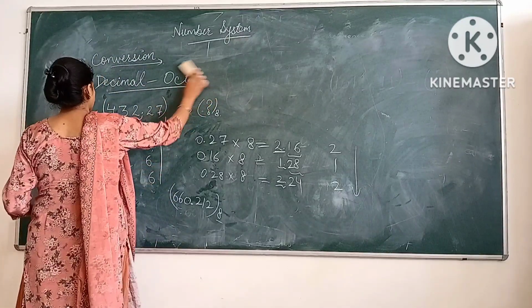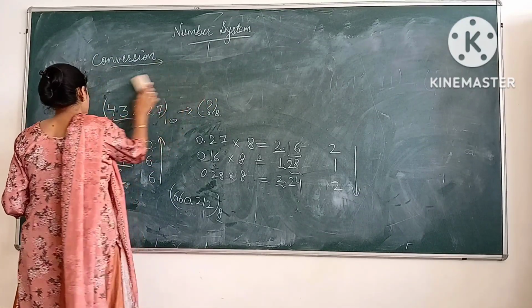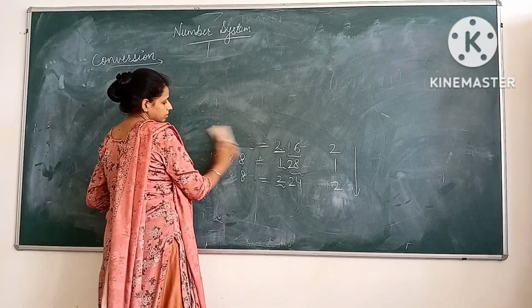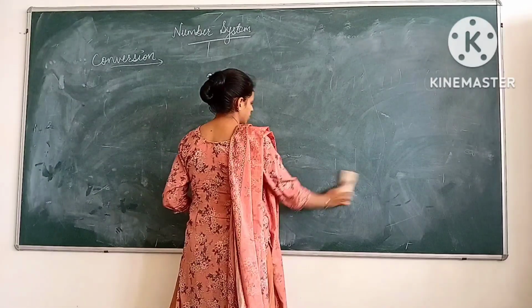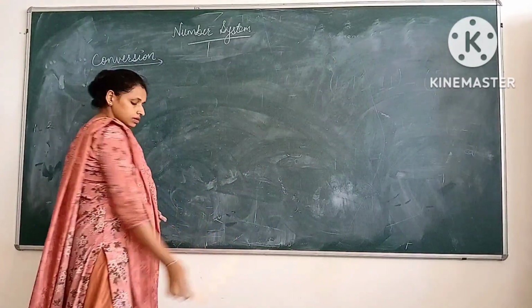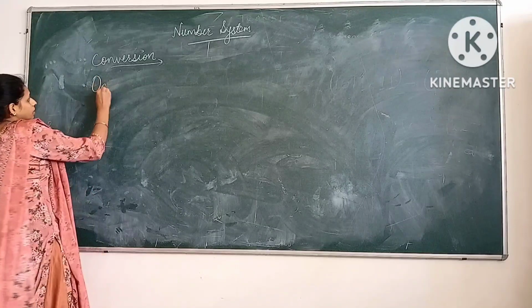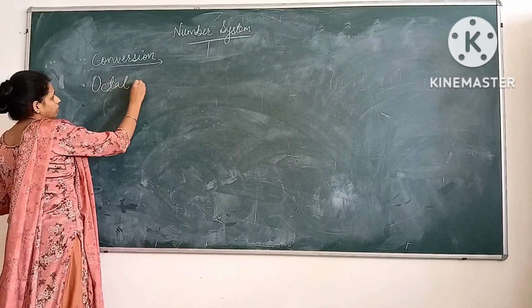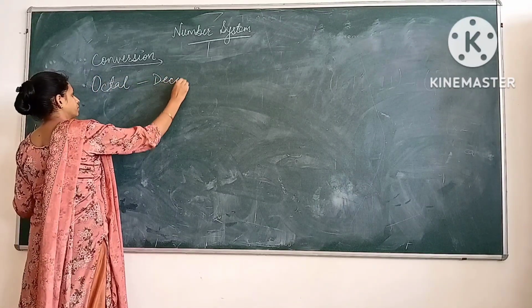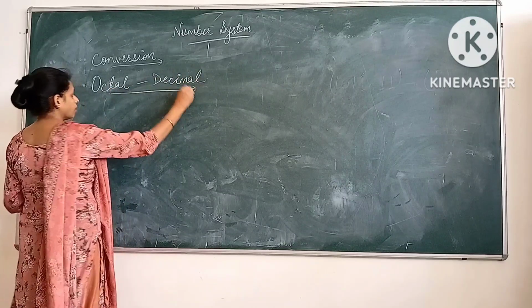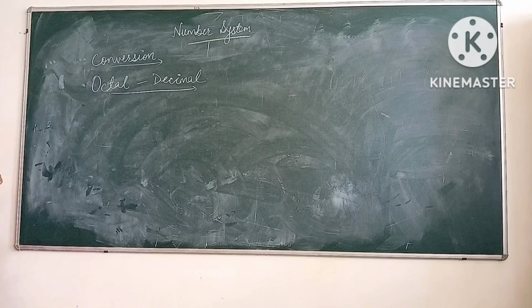Next, octal to decimal. Octal to decimal is the same as binary to decimal.